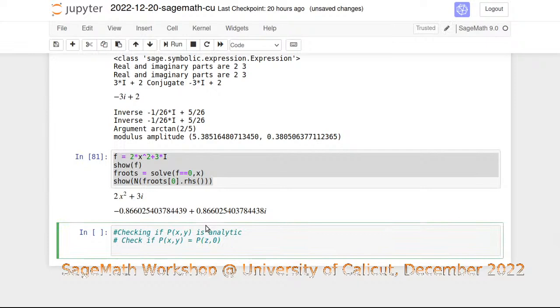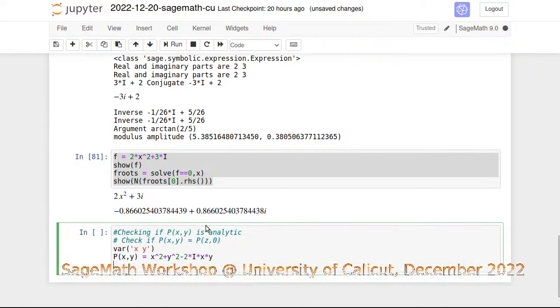For example, suppose that we define var x, y, and p of x, y to be x square plus y square minus 2i x y. And suppose now that z is equal to x plus i star y.